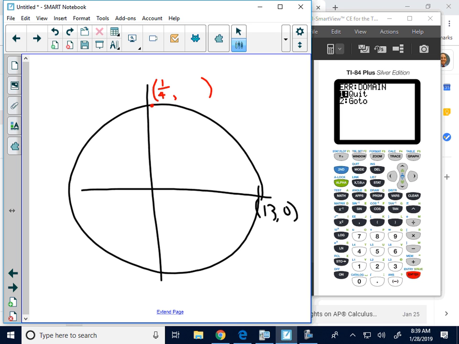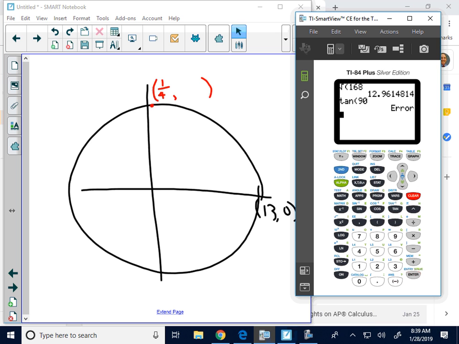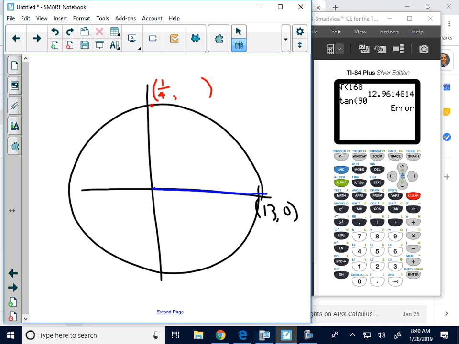Go ahead and calculate it, and then tell me what the tangent of this angle is, because that's what we're focusing on. Now, this is not a 90-degree angle, but it's really close. What is the tangent of theta?